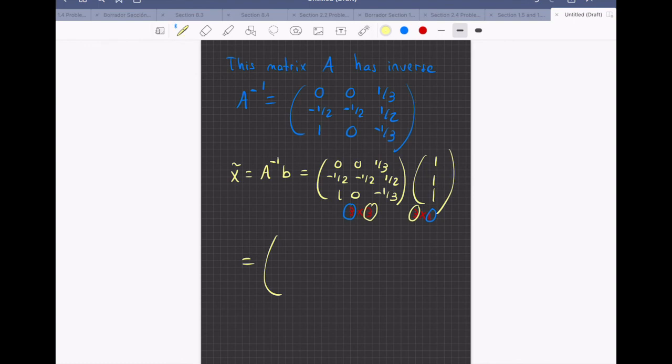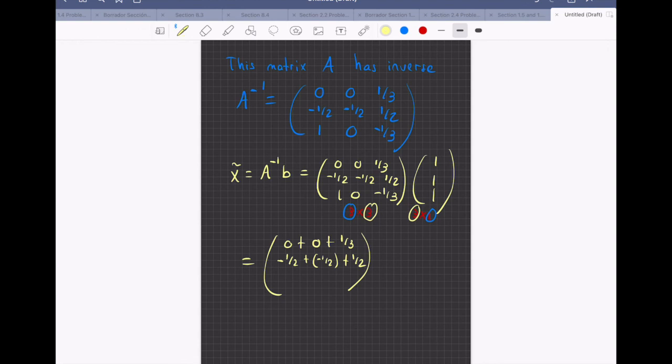But notice in this case it's simple, because this is row 1 times column 1: 0 times 1, plus 0 times 1, plus 1/3 times 1. So when all the elements here are 1, the only thing I need to do is add the numbers. 0 plus 0 plus 1/3, then negative 1/2 plus negative 1/2 plus 1/2.